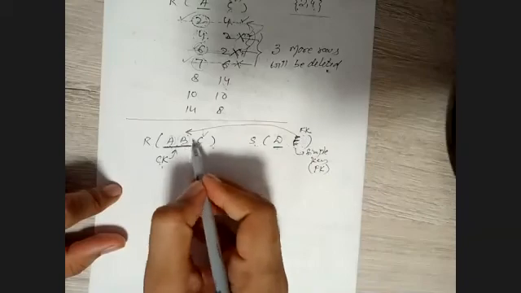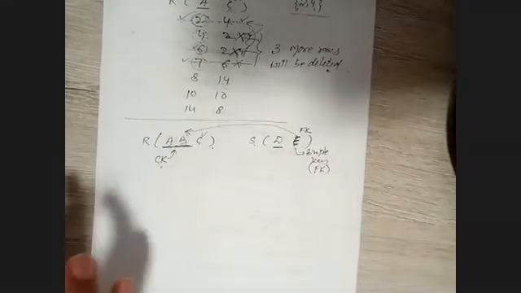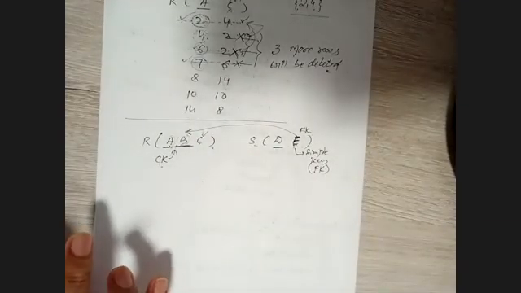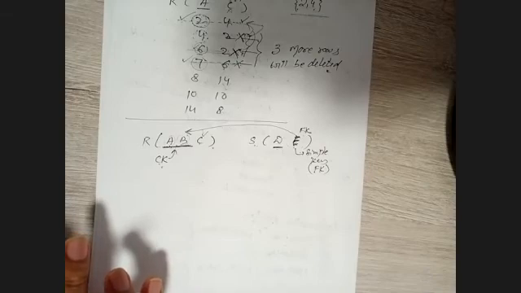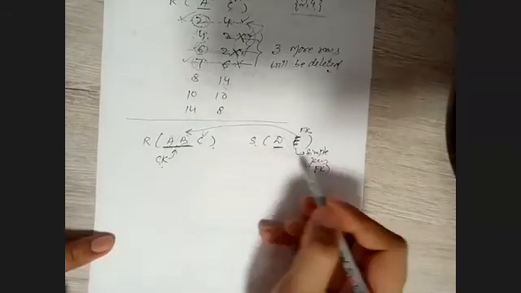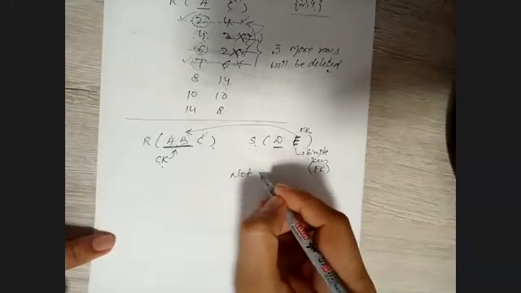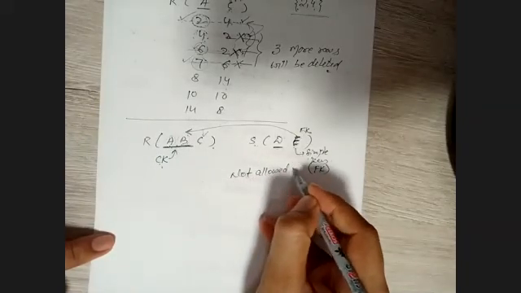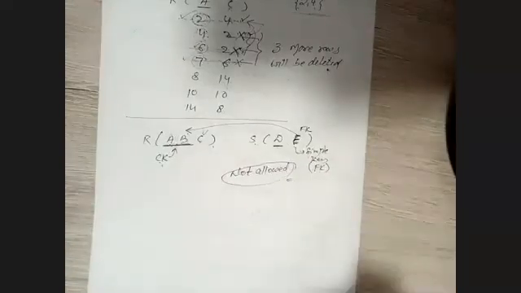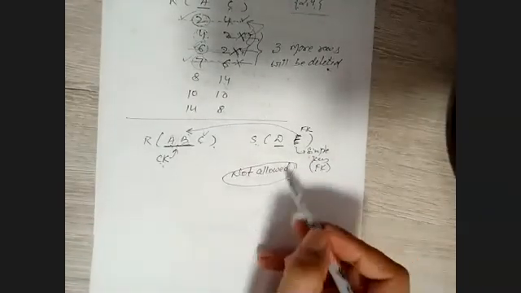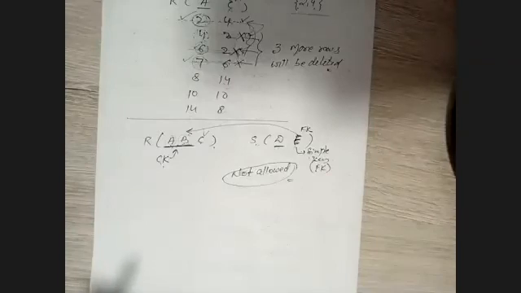When we have such scenarios, it will not allow you to delete or perform the actions. But can we have EF as a foreign key? Yes, obviously you can have that.